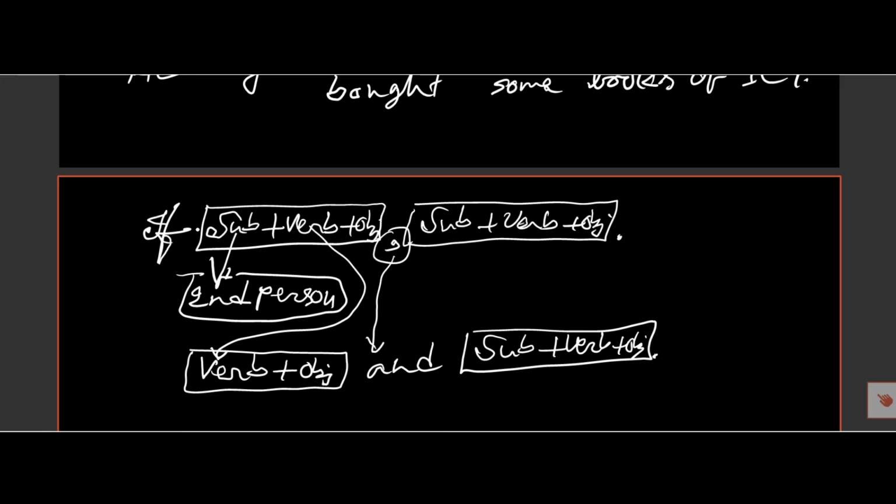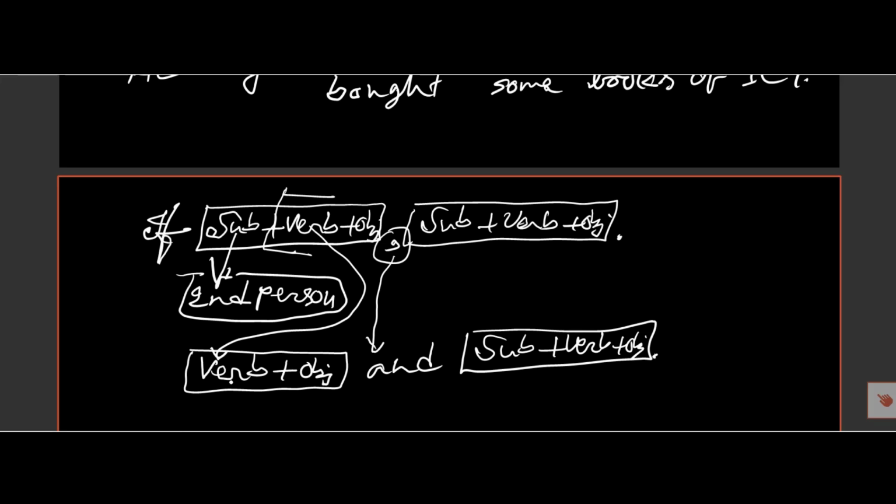I repeat, if there is a conjunction if in a complex sentence, and after if there is a part and after the comma there is another part, this is a complex sentence. If we want to transform it into compound, we must remember that if there is a subject and the subject is in the second person, then we must start the compound sentence from the verb.